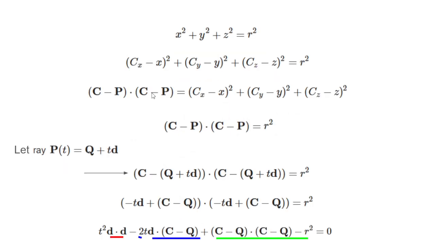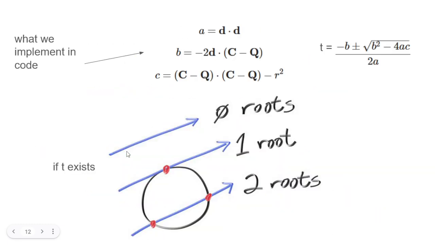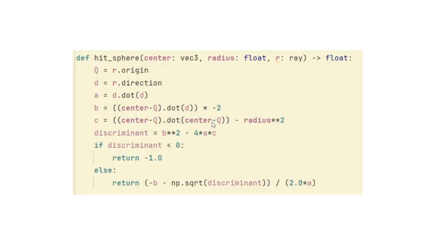I forgot to mention what this d is, right? This d is our direction. It's also a vector. I don't know if I have an image. Like if we have one of these lines, it would be the direction, right? Because we want to scale up that direction. Yeah. So d is the direction, and q is our origin.